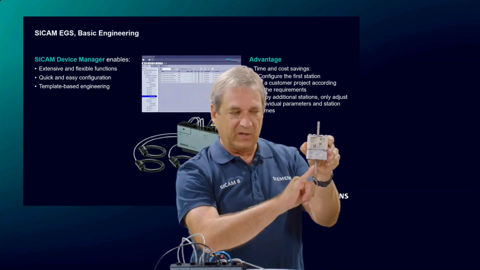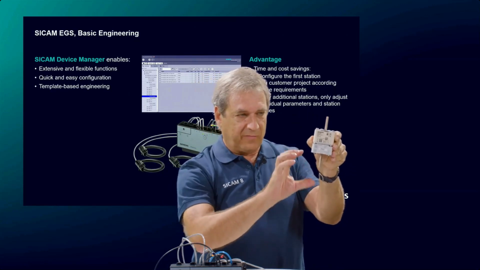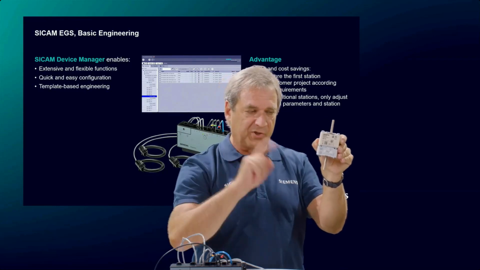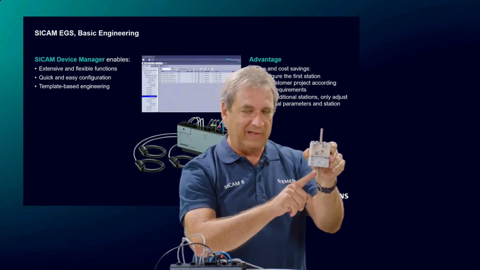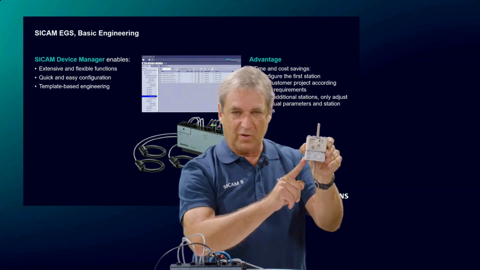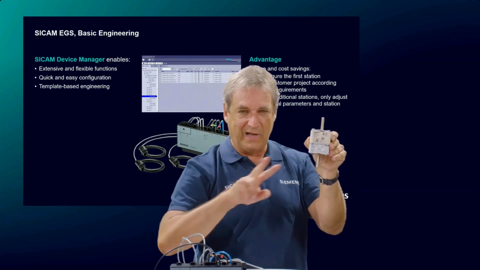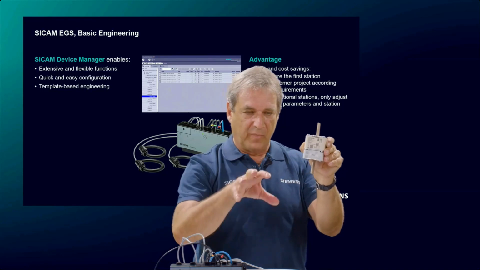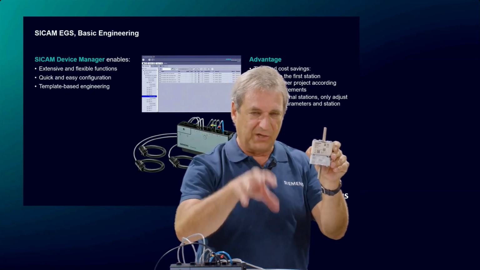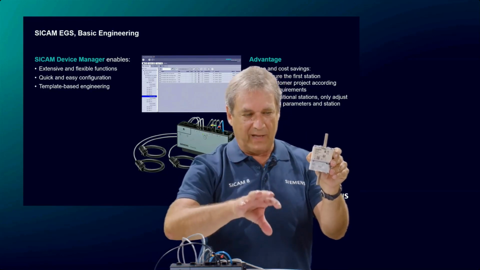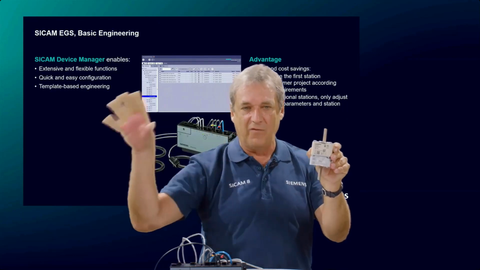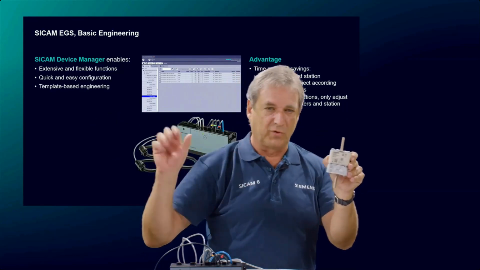So the operator can know from the temperature whether the fuse is already operating at its limit or not. Of course, we're also transmitting the current to the EGS. So both values are available as the actual value, and we can also transmit an average value. It depends on the configuration.